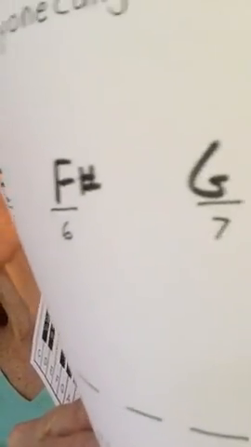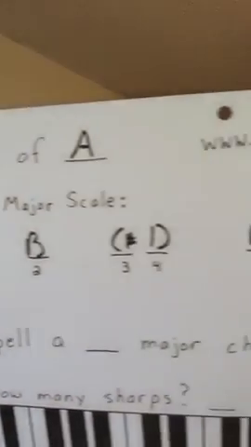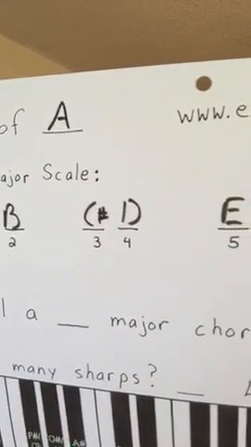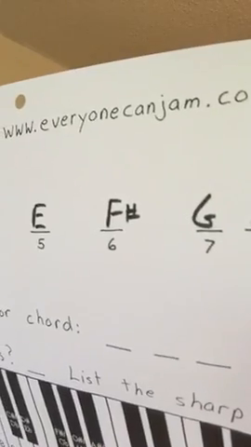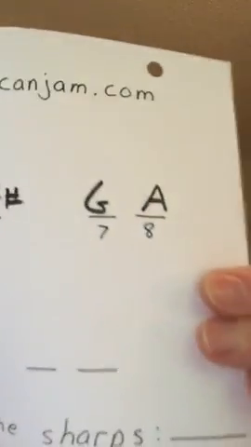So in key of A, we're going to keep the C sharp and the F sharp. The reason I'm going ahead and writing C sharp and F sharp, one reason is to save time, but also in the last one we did, key of D, we had C sharp and F sharp, and because of the order I've chosen, we're still going to have C sharp, we're still going to have F sharp. And then guess what?